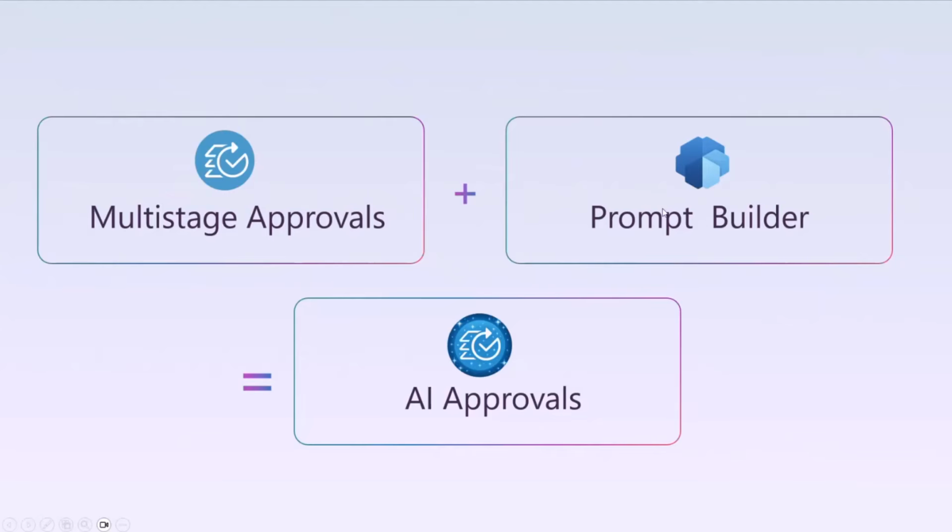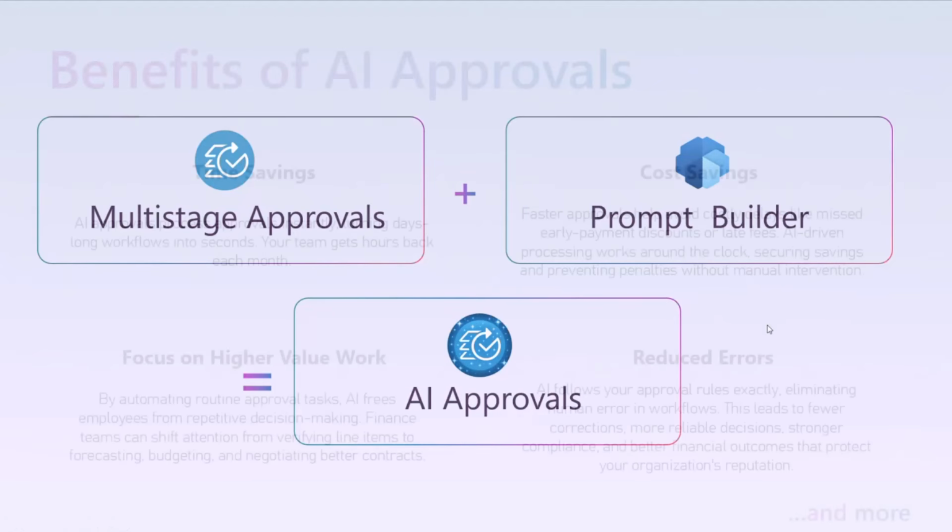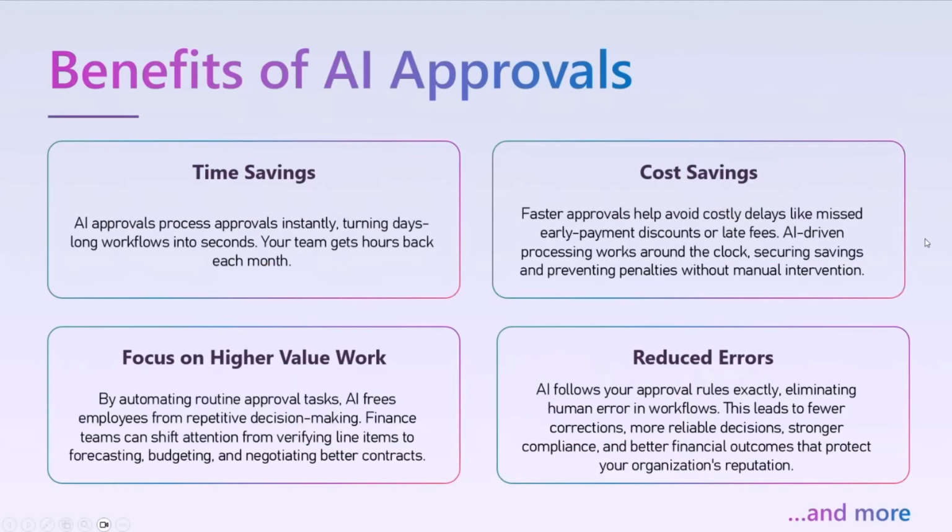So it's a beautiful union between multi-stage approvals and prompt builder to create AI approvals. It's the same goodness that prompt builder gets with analyzing documents and knowledge and selecting the models, that we also get in AI approvals.